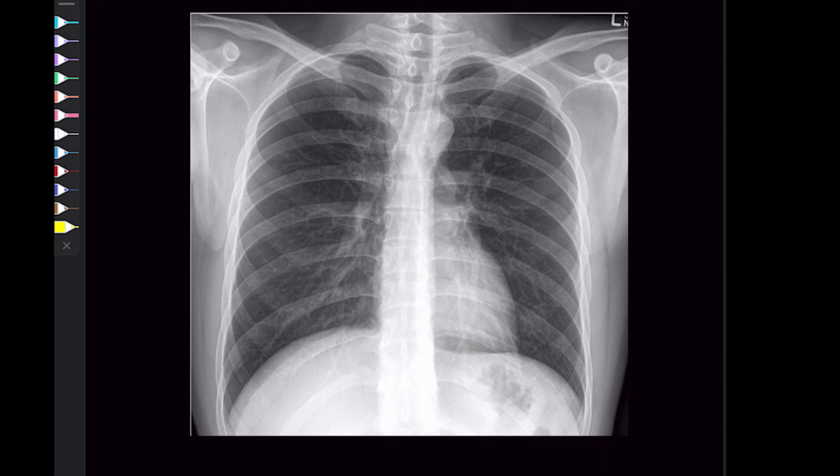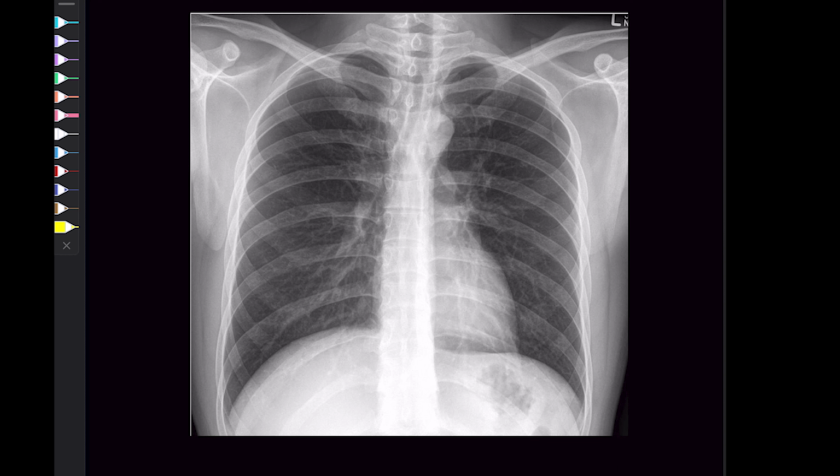Then the calcium: most of our bones appear white because they are rich in calcium, and calcium absorbs a lot of X-rays, so that's why it appears very dense. And then the metal: there's no metal seen in this given X-ray, but metal absorbs all the X-rays, so that's why it appears the most white structure. So these 5 densities should be very clear in our mind.